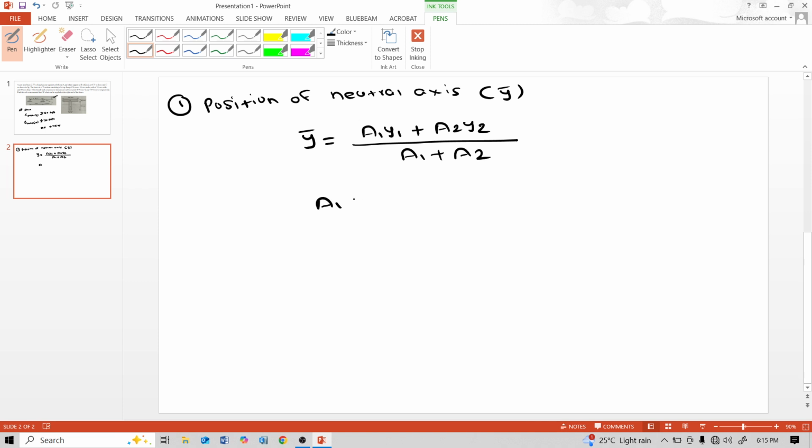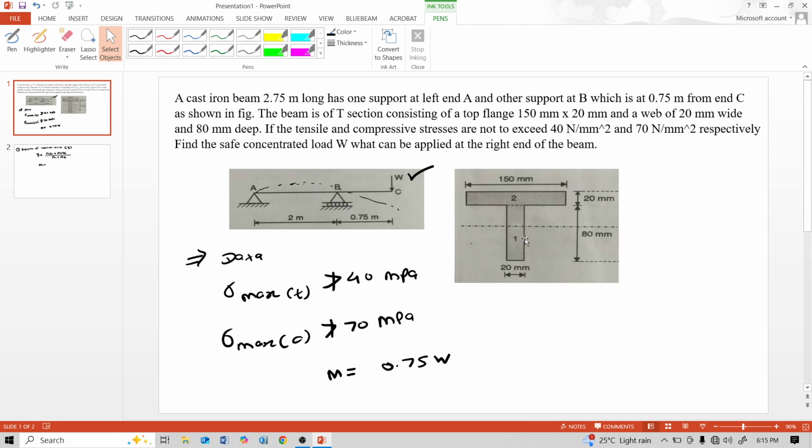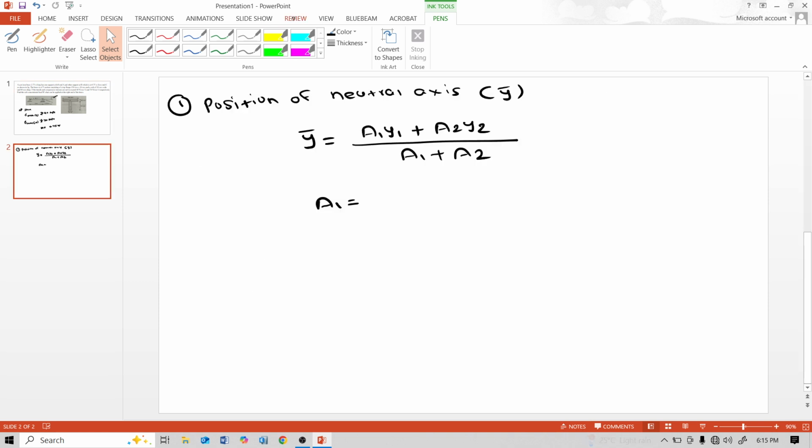A1 is the web area, 20 mm multiplied by 80 mm, which is 1600 mm square.